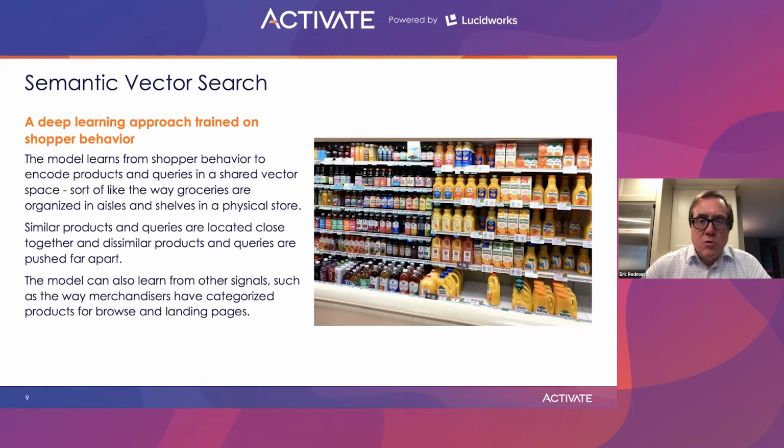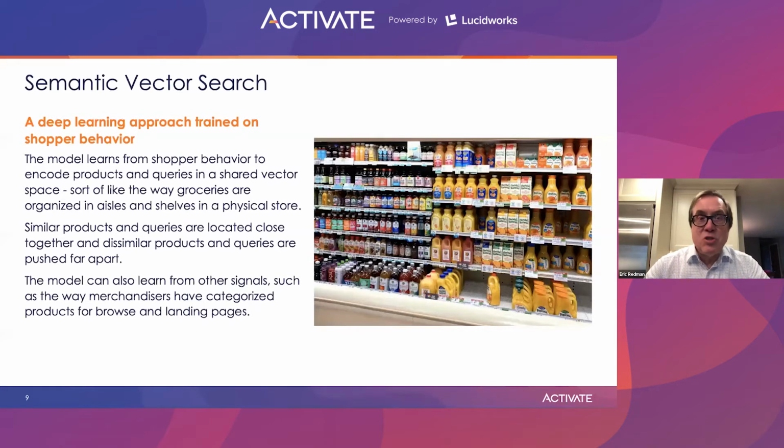It creates a shared vector space where it positions products and queries such that very similar products and queries are close together in the space and dissimilar products and queries are far apart.